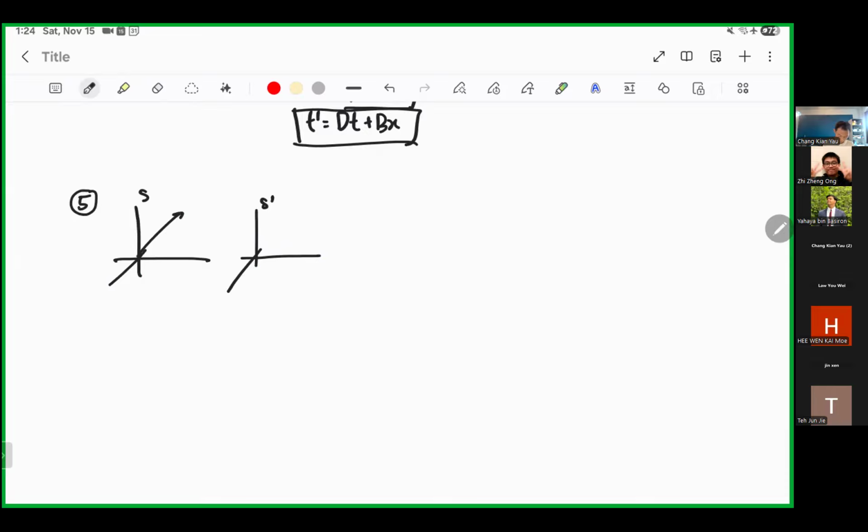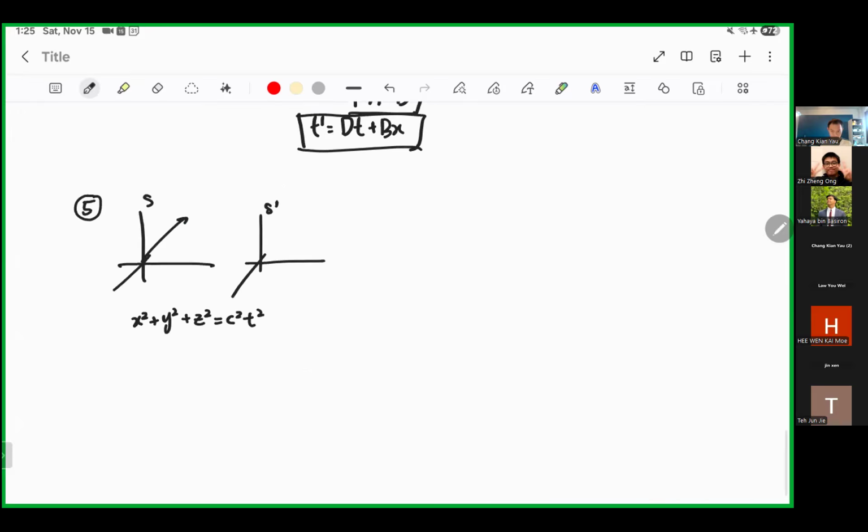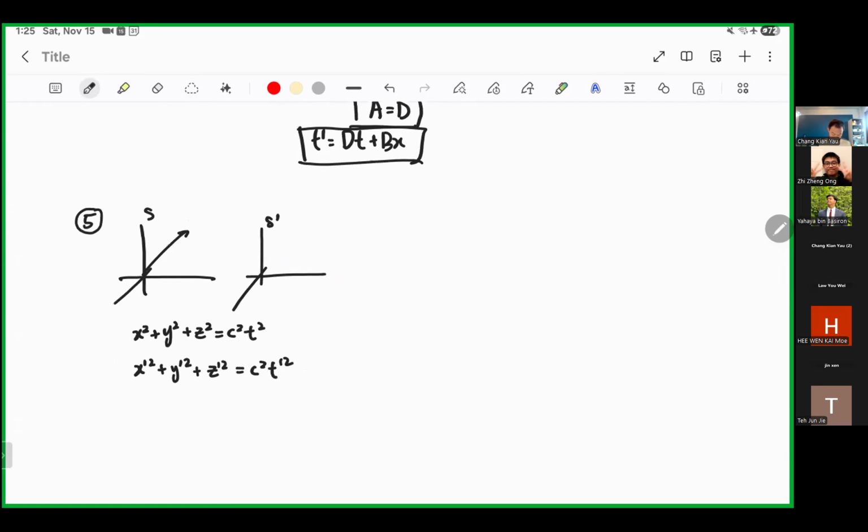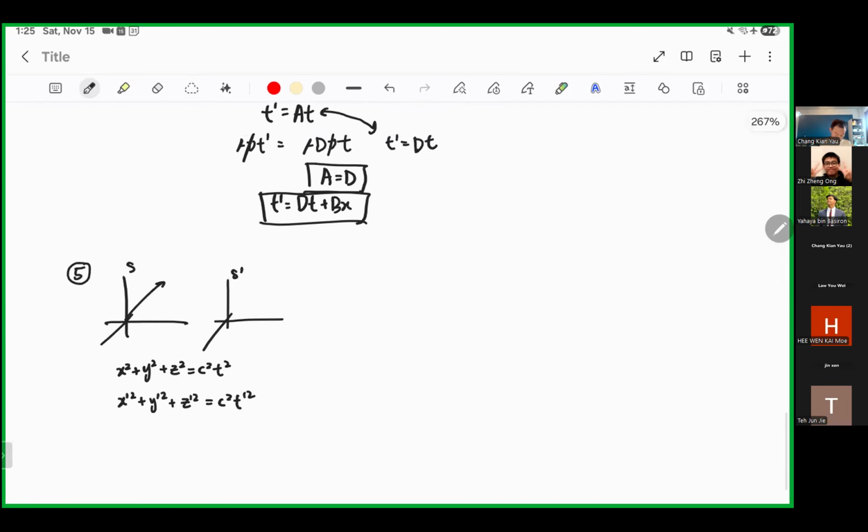Then the path that the photon or light ray traces out is this. But then because the speed of light is the same in every frame, we can write this as well. So this is our final equation.